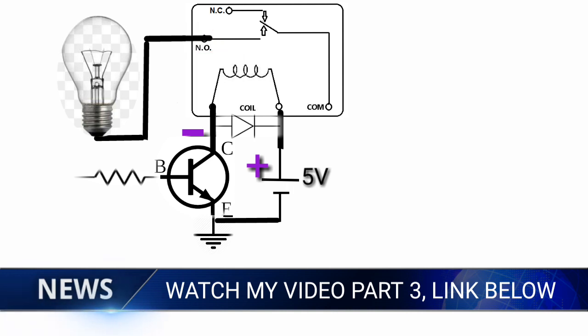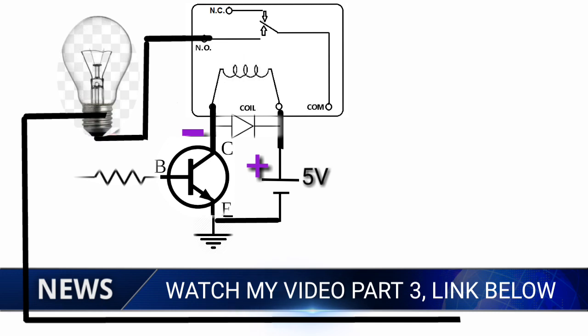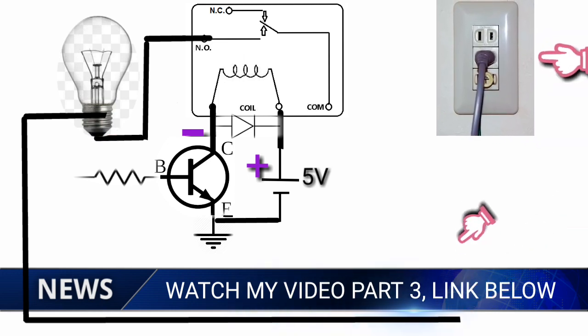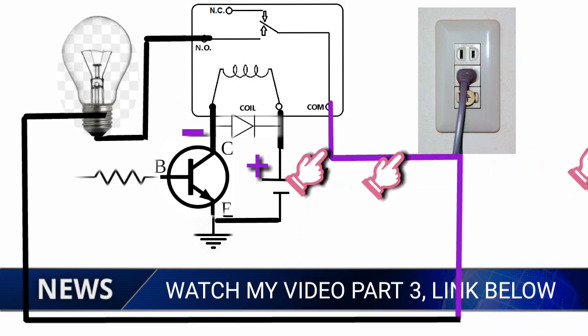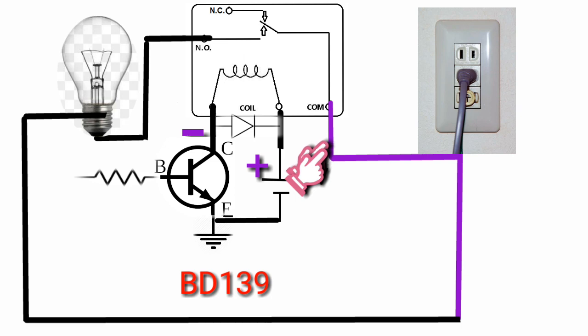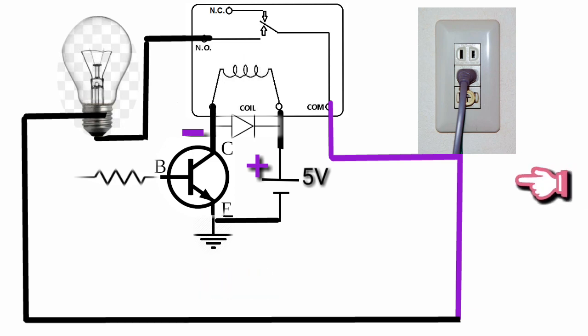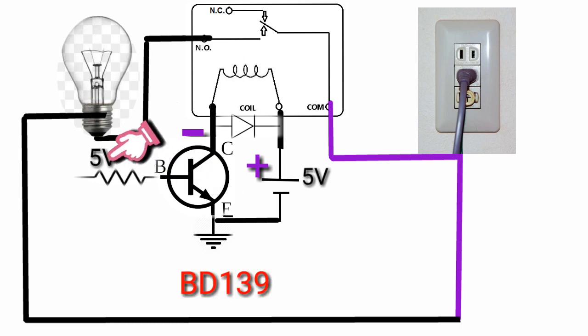Then connect the opposite side terminal of the light bulb to the mirror plug, which is connected to the outlet. The common of the relay switch is also connected to the mirror plug. The base bias resistor is also connected from the same power supply, which is 5 volt.